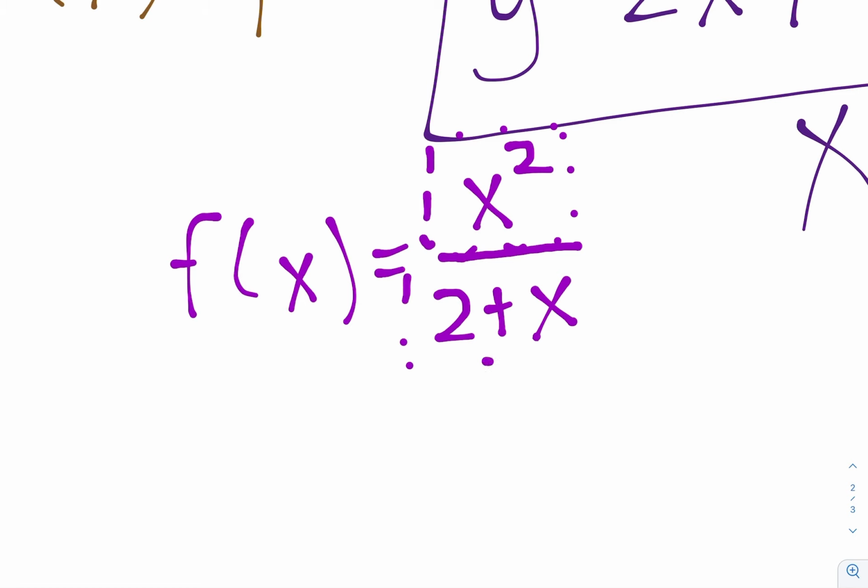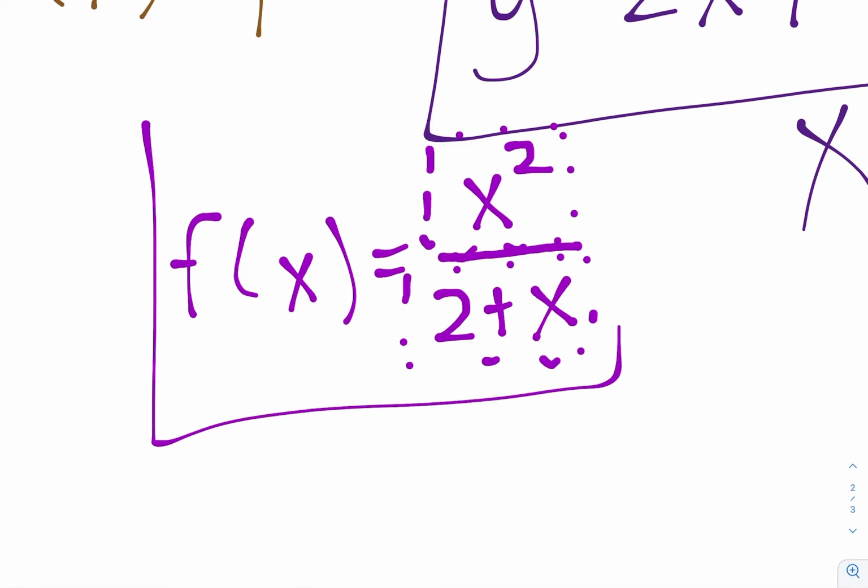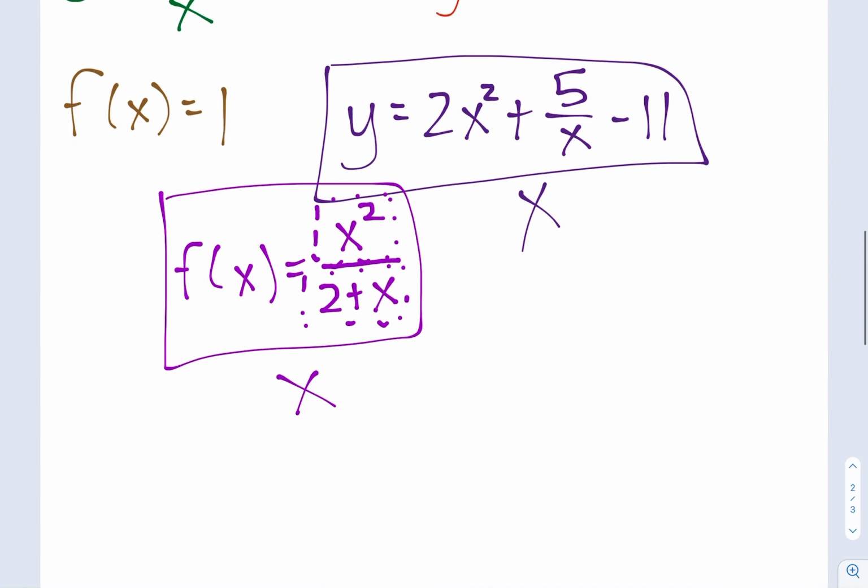And same thing on the bottom. 2 plus x is also a polynomial because 2 is just a constant, and we're adding x to the power of this imaginary 1 there. So the top and the bottom, the numerator and the denominator on their own, are both polynomials, but anytime we're dividing a polynomial by a polynomial, it's now a rational expression. So this function right here is not a polynomial equation.